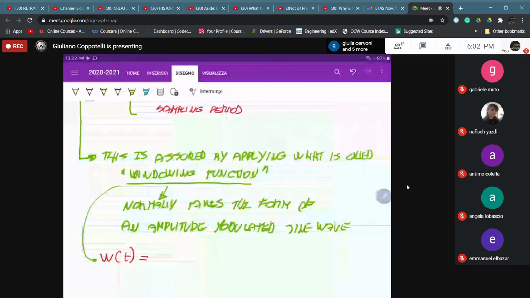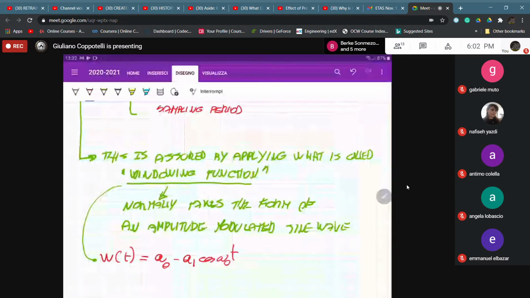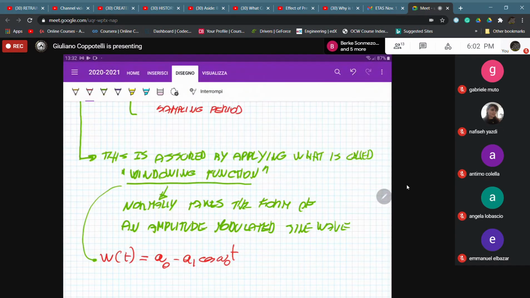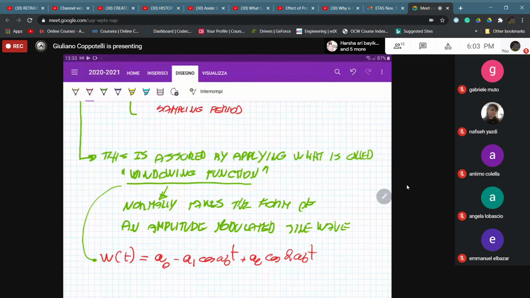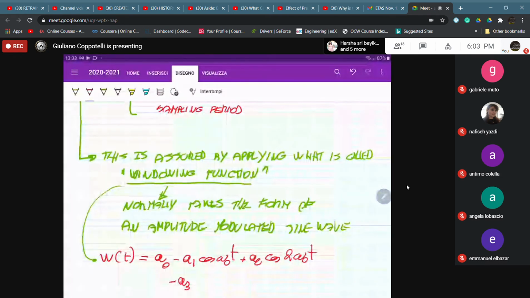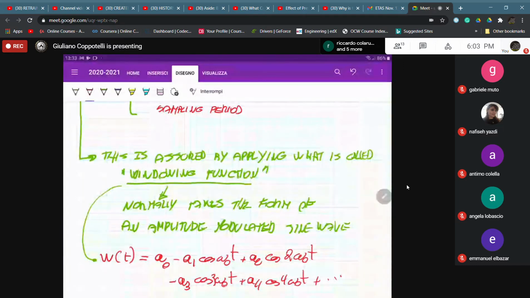That is something like a0, minus a1 cosine of the center frequency omega 0 t, plus a2 cosine 2 omega 0 t, minus a3 cosine 3 omega 0 t, plus a4 cosine 4 omega 0 t plus all the other terms.